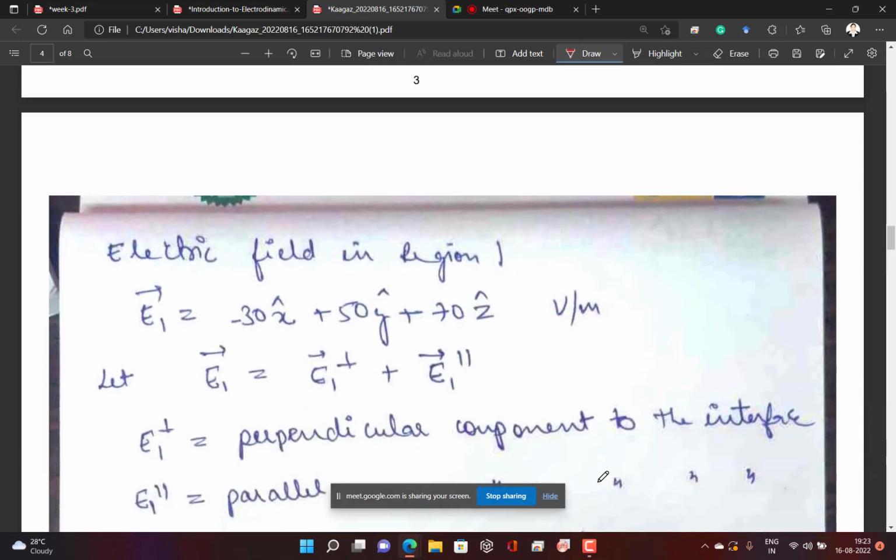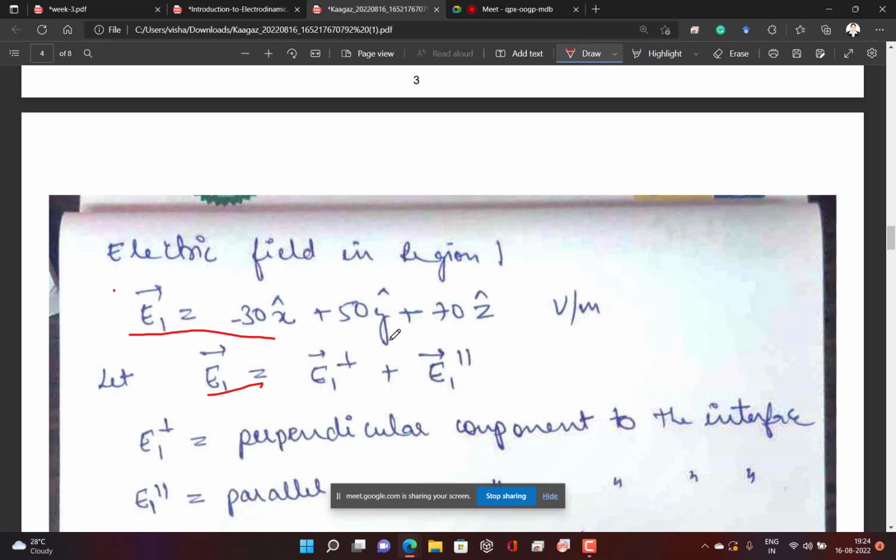It is also given in the question that the electric field in region 1 is E1. Can we break this E1 vector into E1 perpendicular and E1 parallel to the interface?